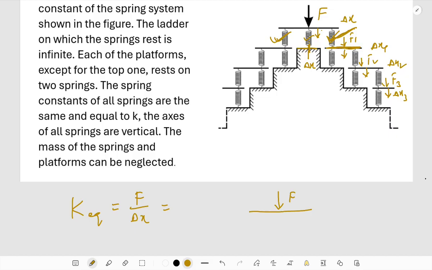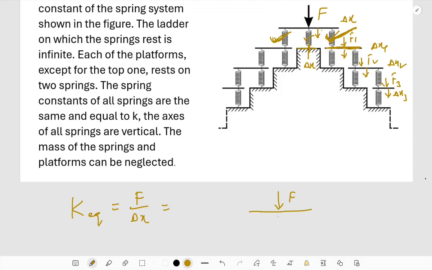This spring is compressed delta x from above, and delta x minus delta x1 is the net compression produced in it, because its lower end gets displaced by delta x1. So the net compression produced in the extreme left and extreme right springs is delta x minus delta x1.